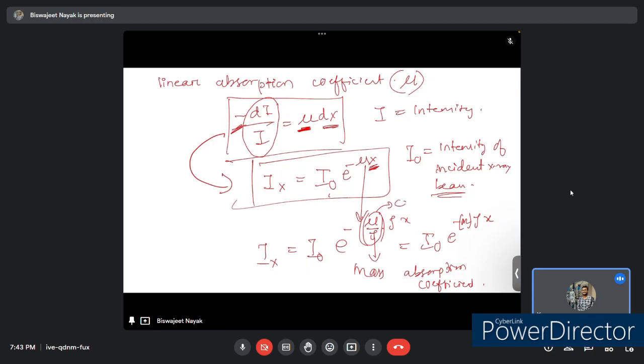Why can we say that? Because mu and rho are proportional, so they cancel out each other in terms of dimensionality.